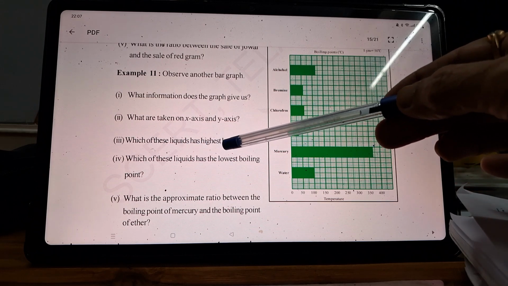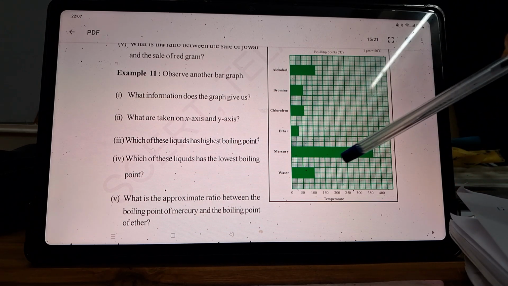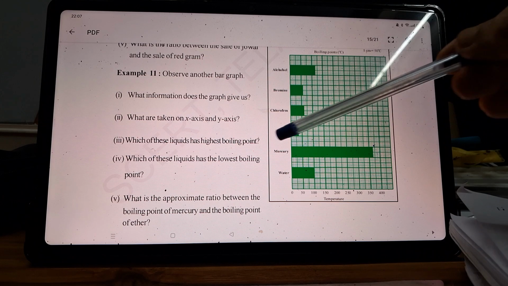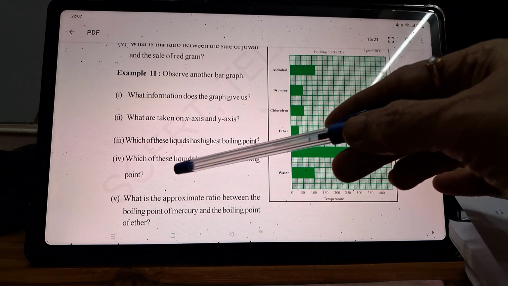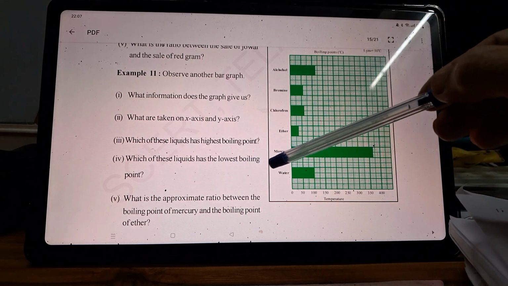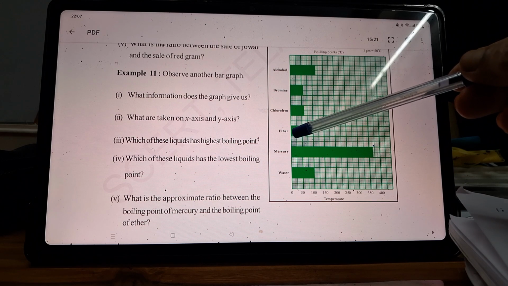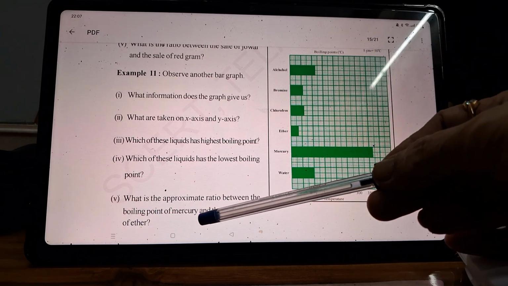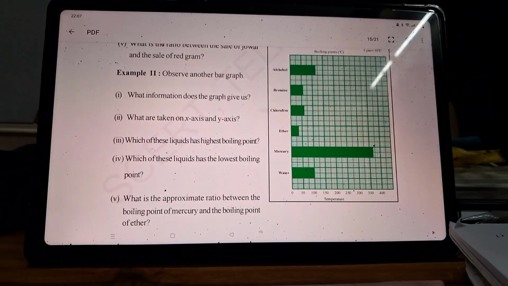Then which of these liquids has the highest boiling point? So the largest one, this is mercury. Mercury has the highest boiling point. Which of these liquids has the lowest boiling point? See, this is ether. What is the approximate ratio between boiling point of mercury and boiling point of ether?